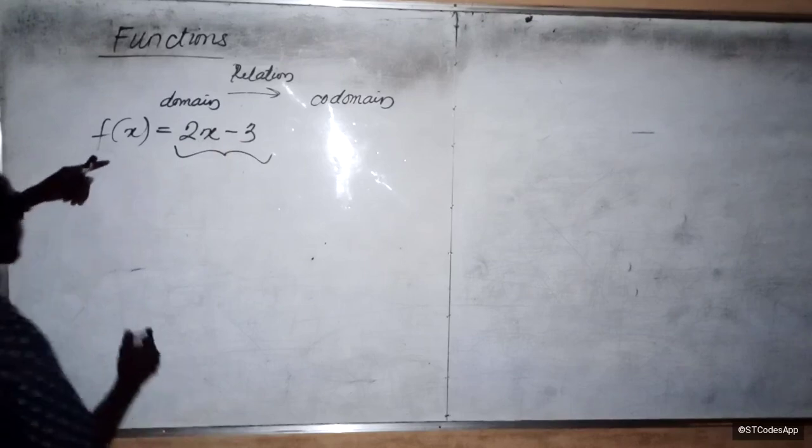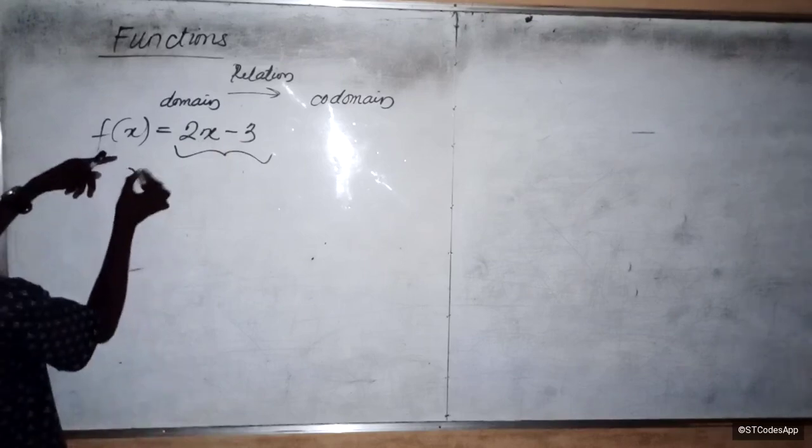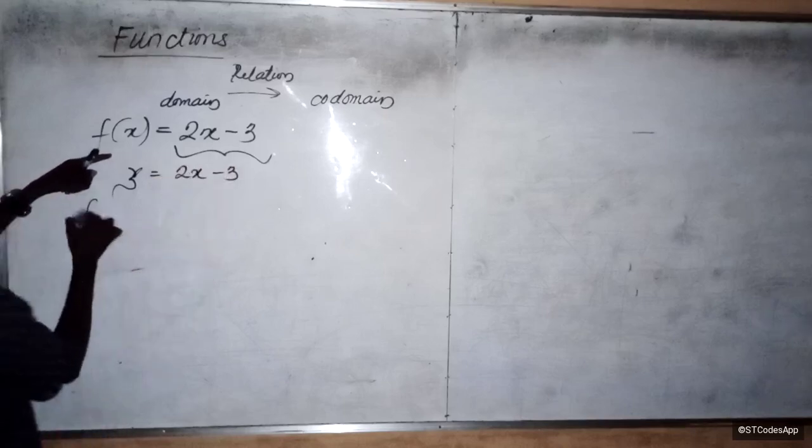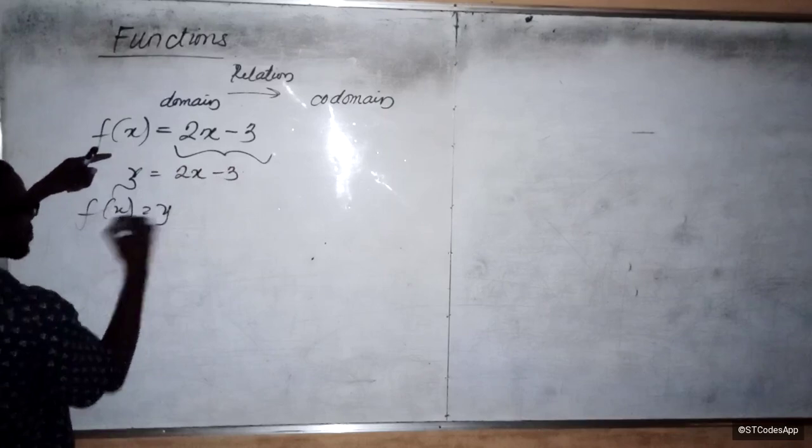In math, you will usually see this represented by y equals 2x minus 3, so that f of x is the same as our y value.